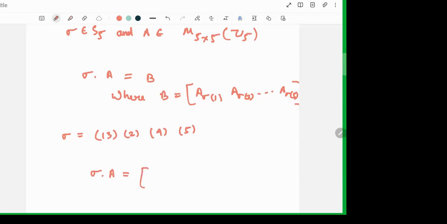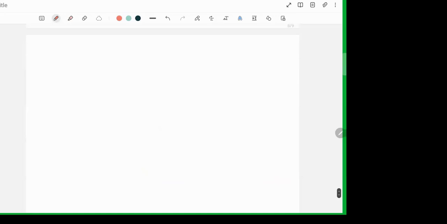Sigma dot A will be A of sigma 1. Sigma 1 is 3, so the first column will be A3. The second column will be A2, since sigma 2 is 2. The third column will be A1. So basically columns are getting permuted. Are you getting this or not? Yes. So now let's do this problem.